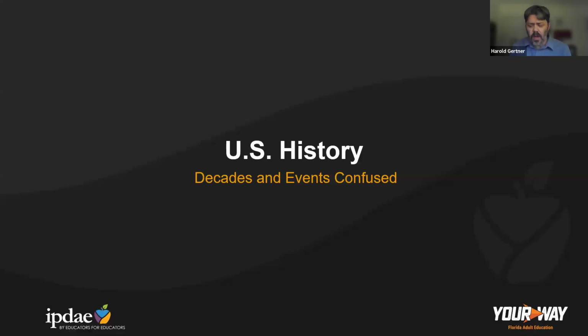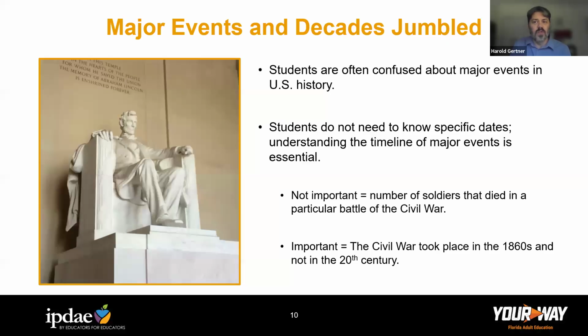So I'm sure any of y'all that are teaching any US history content or social studies content have had the experience of students that don't really know when things happen. And things can be quite confused between the decades in which major events happened.